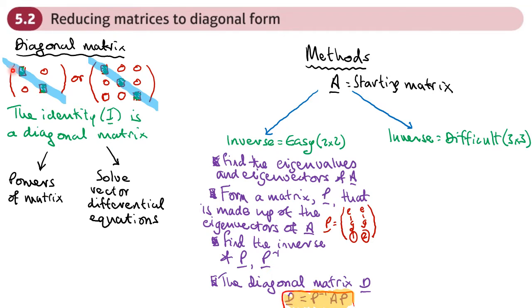And this matrix will be one where the leading diagonal will have values in, everything else will be 0. If that happens, you know you've done it right.